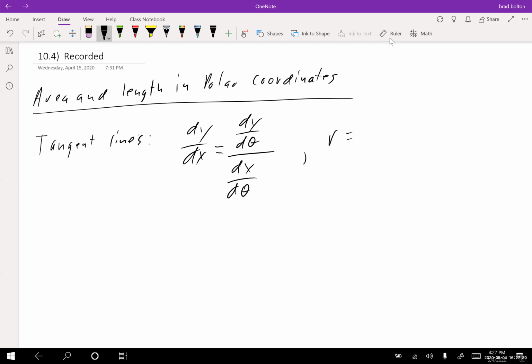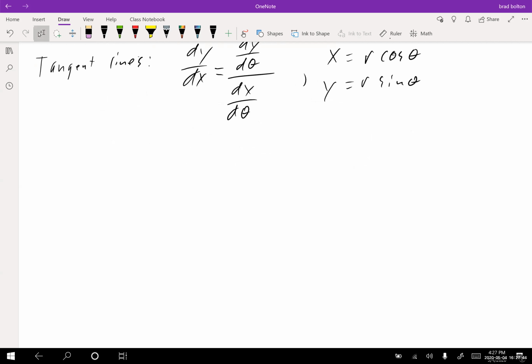We know that x is equal to r cosine theta, and we know that y is equal to r sine theta. So these are some of the things we're going to use to help us with calculus. So we can look at a first question.